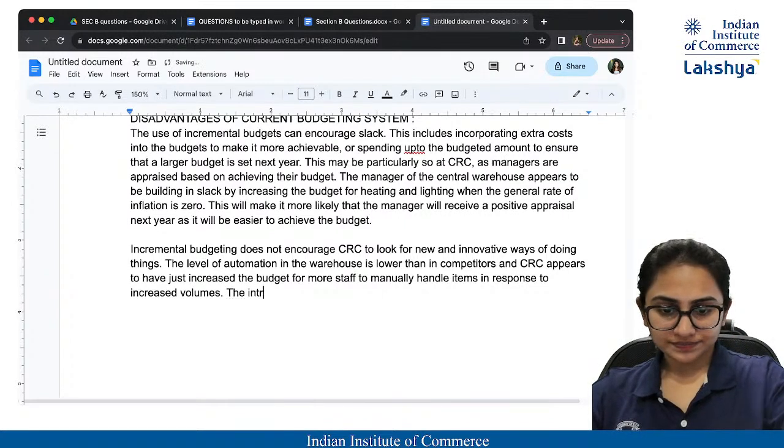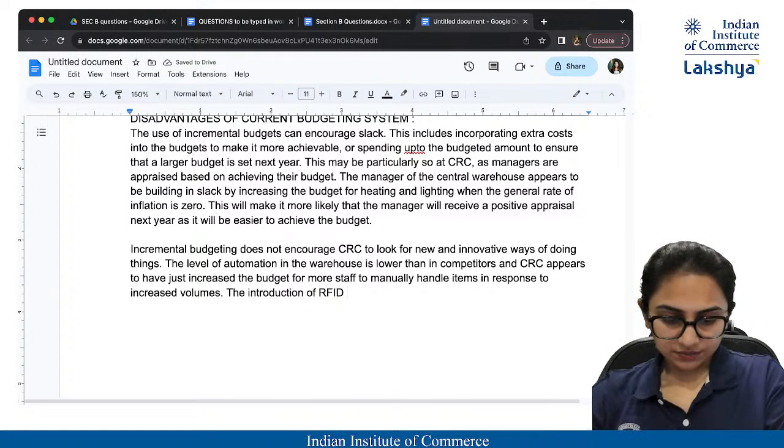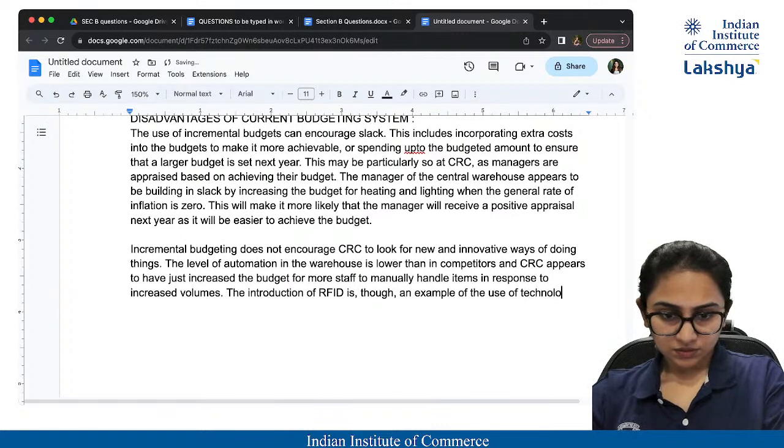The introduction of RFID system, that is the radio frequency system, is an example of the use of technology to increase efficiency in the warehouse.